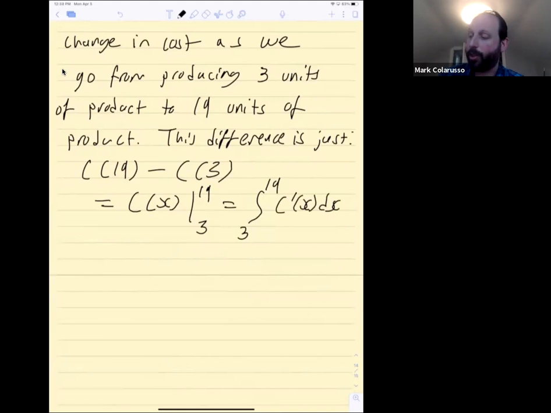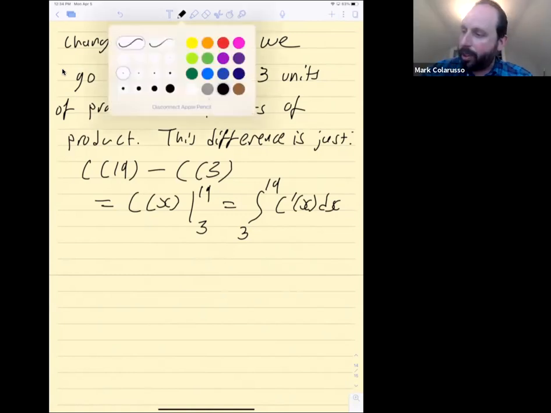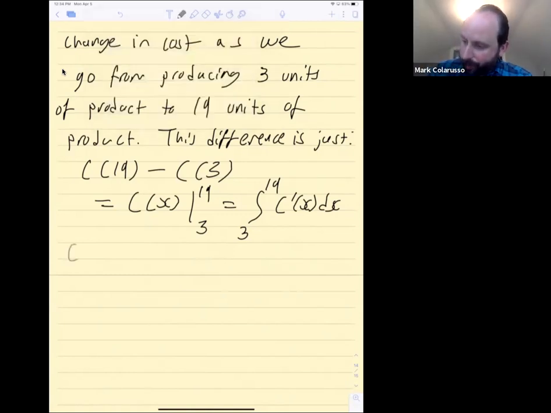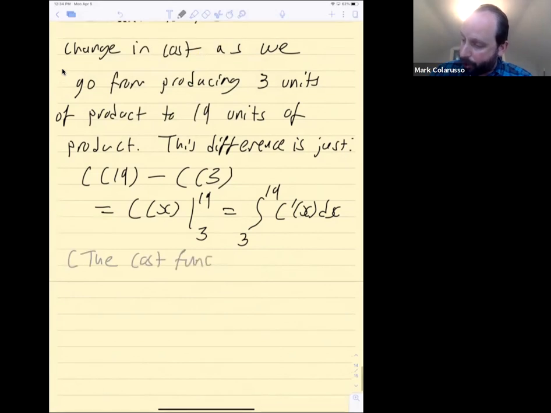So the marginal cost is the derivative of the cost function. Again, turning it on its head, the cost is the antiderivative of the marginal cost, just like we did with velocity and position, right? Hopefully you saw that coming, but the cost function is an antiderivative of the marginal cost.